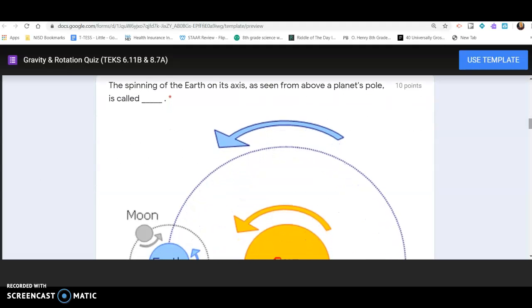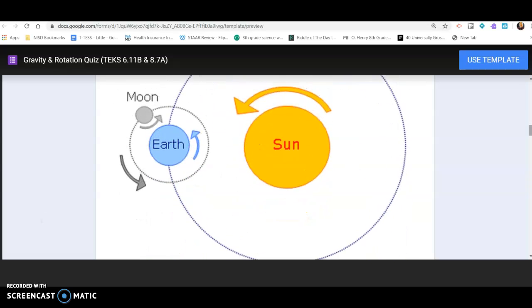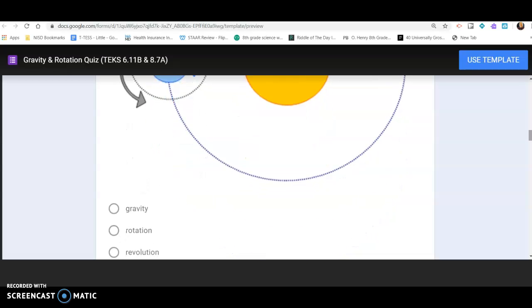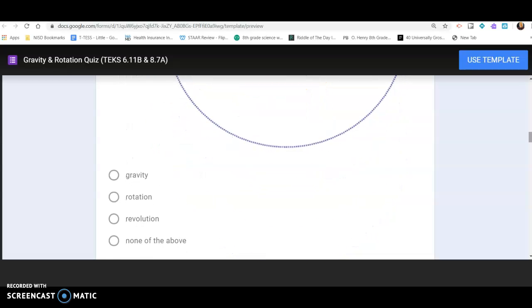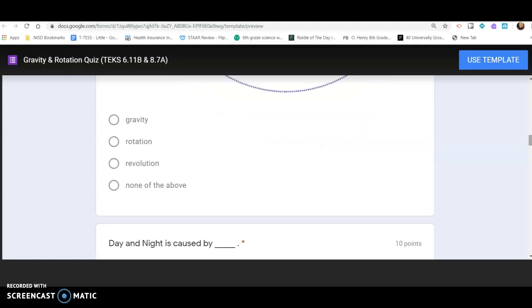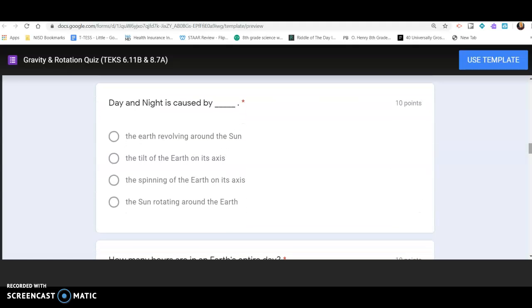Next one. The spinning of the Earth on its axis, as seen from above a planet's pole, is called what? And there's the diagram. Is it going to be gravity, rotation, revolution, or none of the above? Next one.